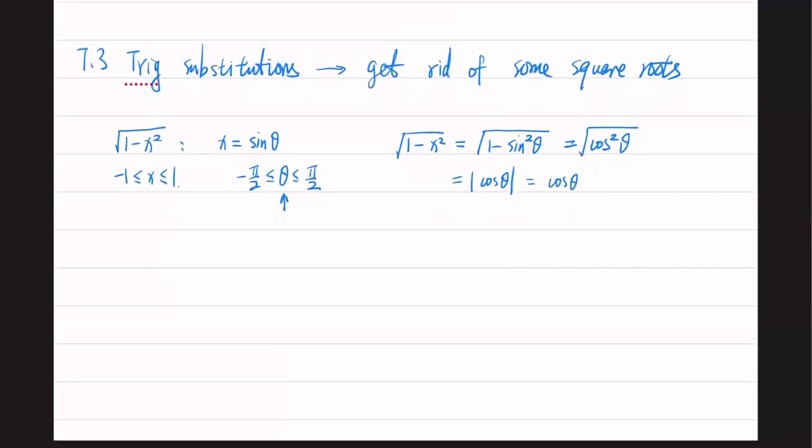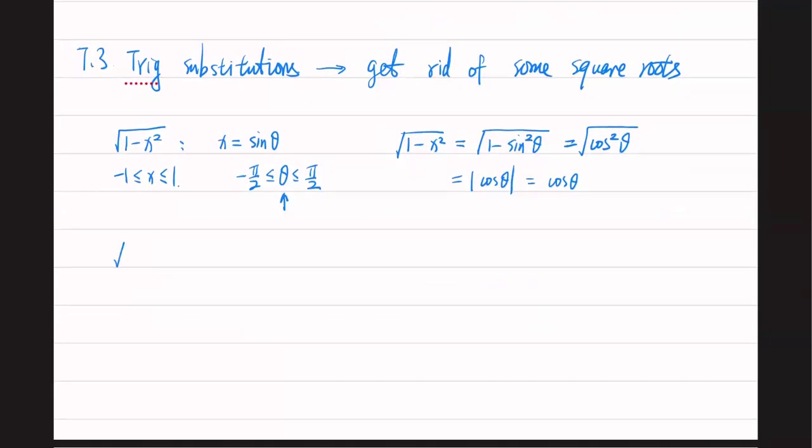More generally, if we allow a square instead of just the 1, so a is a positive number, in this case we use substitution x equals a sine theta. Sakina, for this factor, what's the possible domain for x?